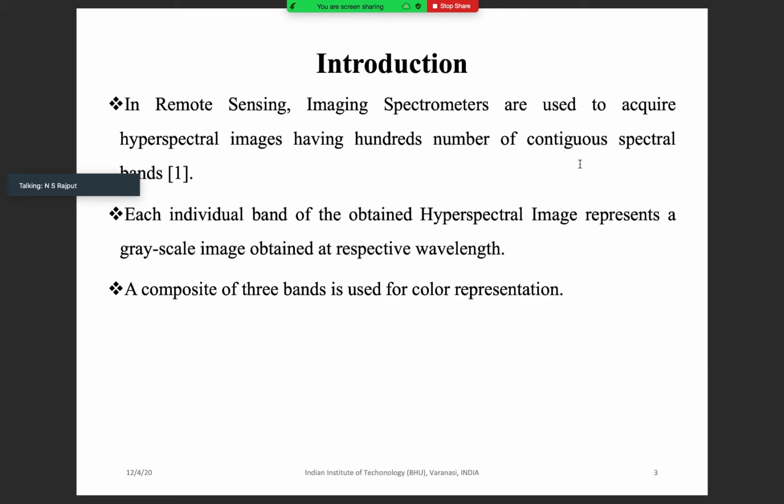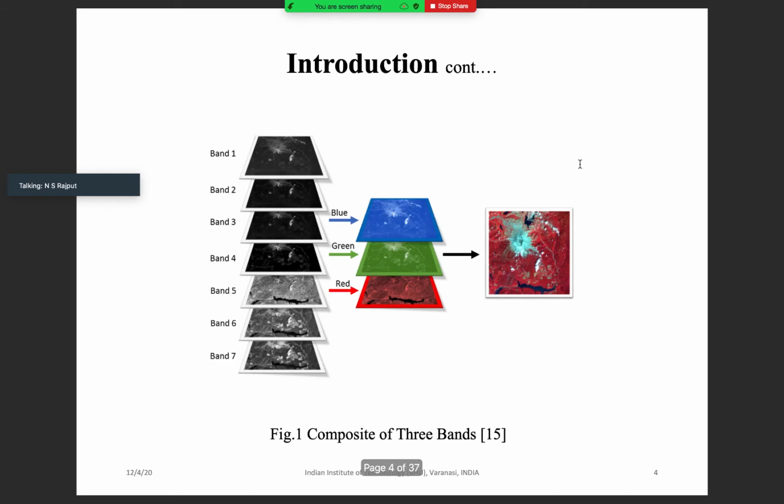As such, everyone is fully aware of hyperspectral images, and we have different bands which can be used to represent various images. If I talk about optical images, for example a multi-resolution image with seven bands, any three bands can be taken and we can create a picture.